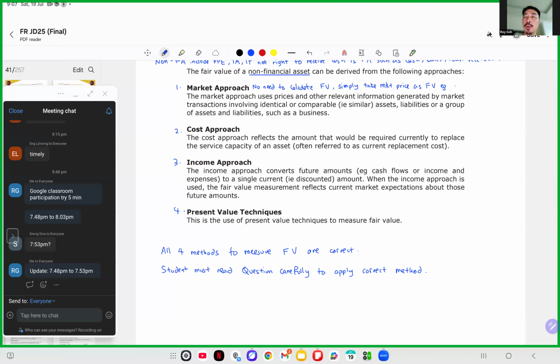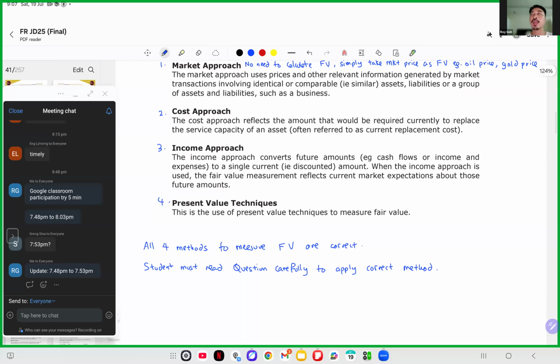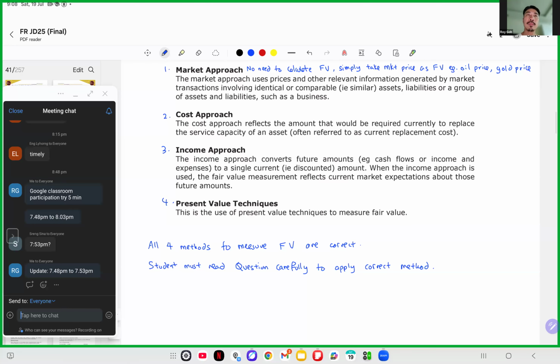Example, your gold, your oil gold price. Example, your oil price. Example, your share price. Since when you calculate gold price? Since never. Since when you calculate the currency exchange rate? Since never. Because it's always there. What do? You simply take the value and you times the quantity. Simply. Next one. Let's go to cost approach.